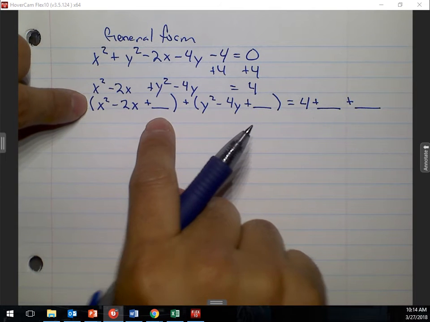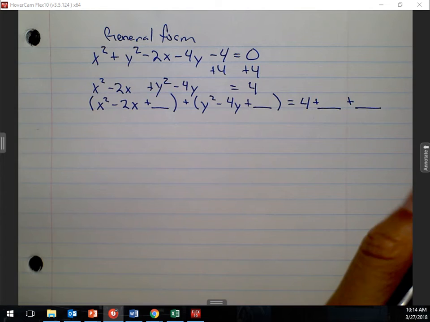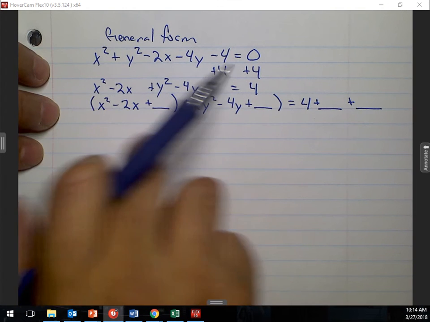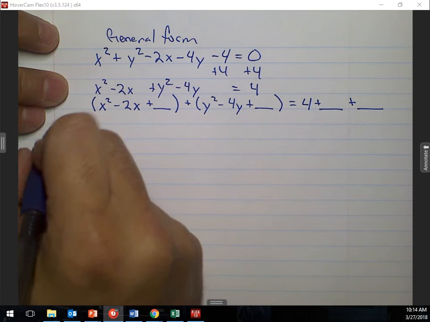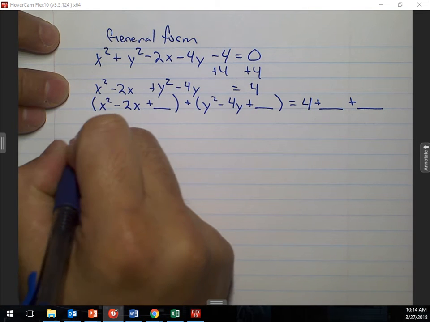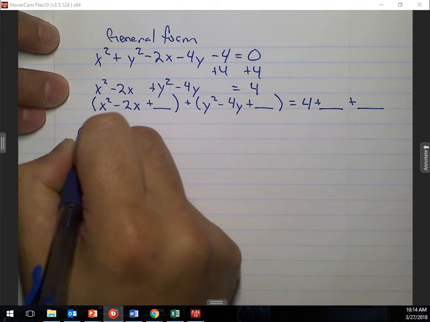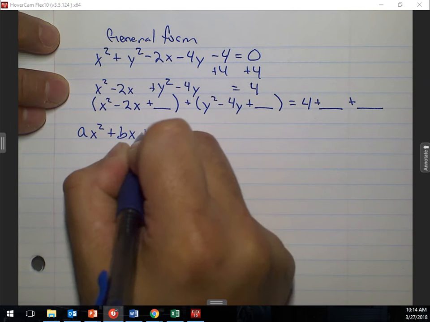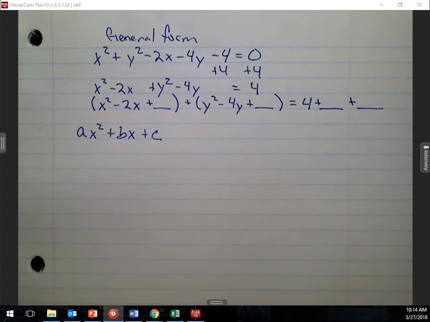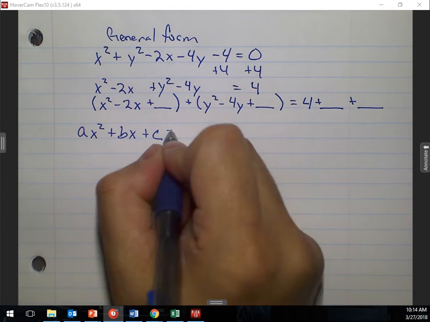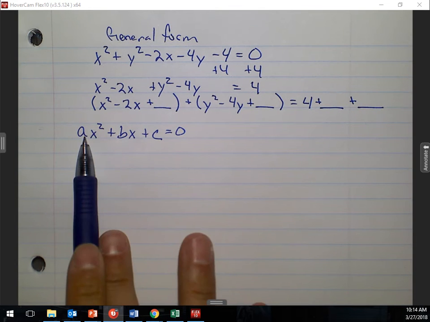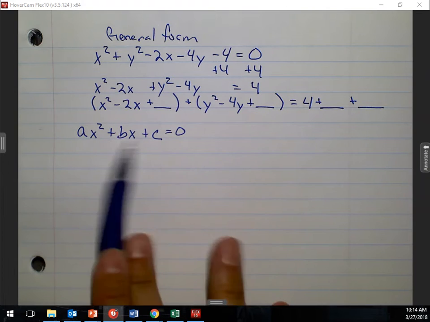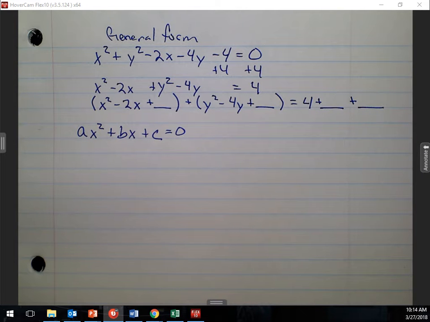Now, in a trinomial, we always know it's going to be the coefficients. It's going to look like this: ax squared plus bx plus c. And this is normally equals 0. So now, this is the basic format of a trinomial.